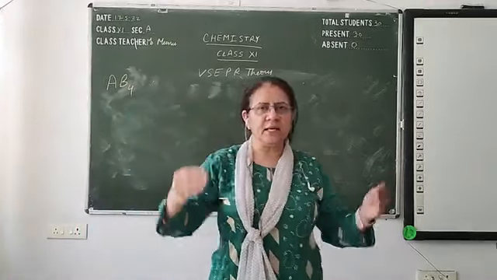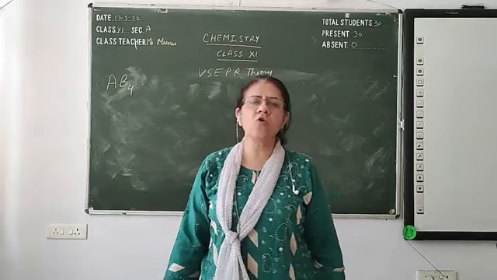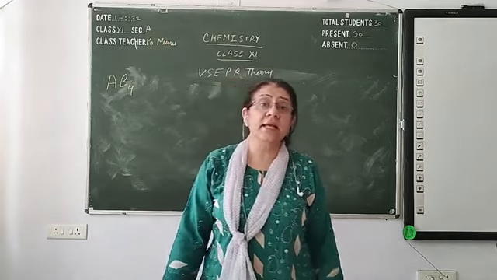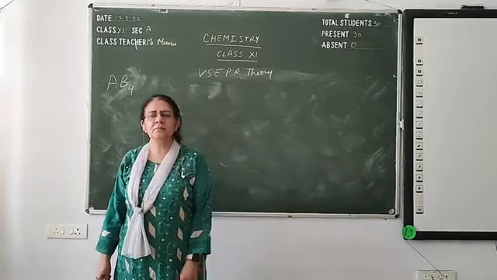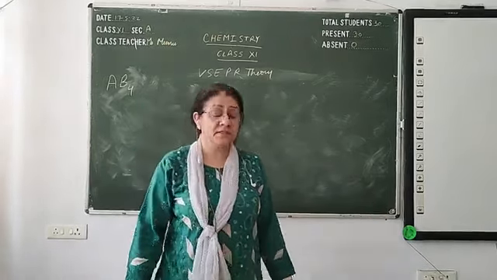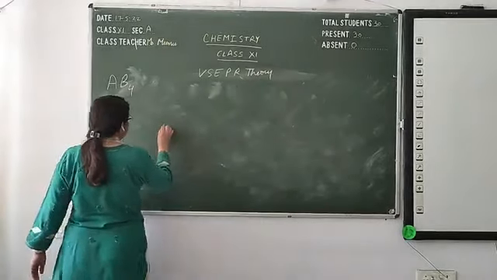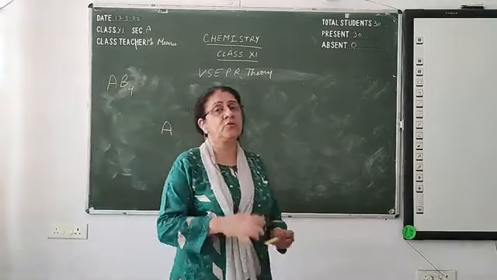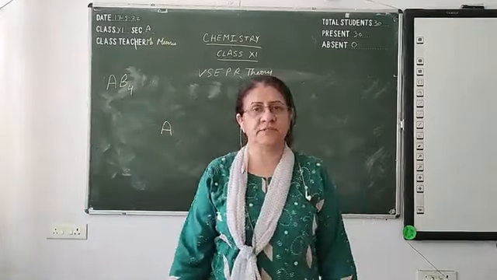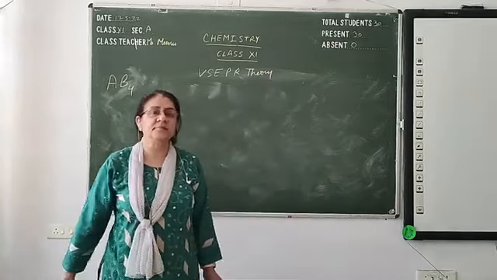We started with AB2, the next molecule is AB3, and now we are going to study AB4. So which is the central atom? Yes, correct. The central atom is A, and it is bonded to 4 B atoms.